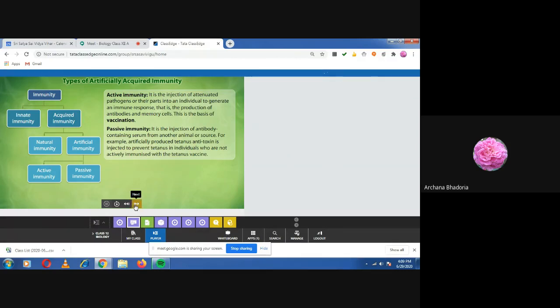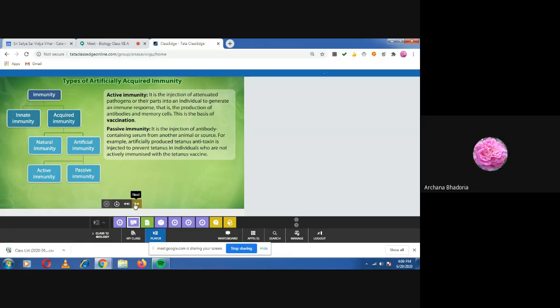So quickly tell me, this last time also I have discussed. Artificial immunity we find of two types. What are the two types? Active immunity. So I was telling you, just note down, children. It's very, very important that you know the difference between active immunity and passive immunity.